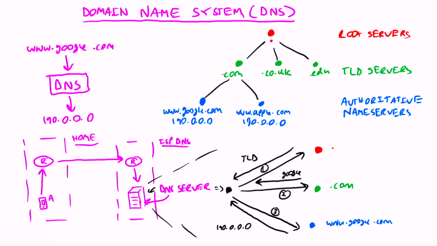And so now our DNS server has 190.0.0.0. This is going to get forwarded all the way back to our device. So our device will finish with the IP address of the domain name google.com.